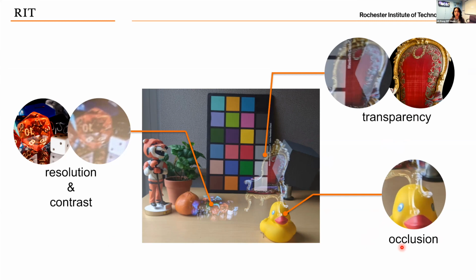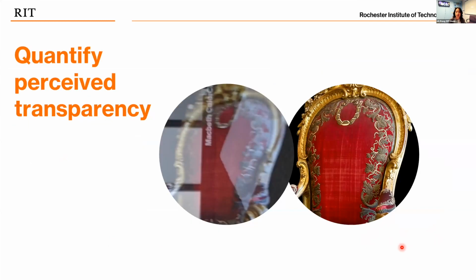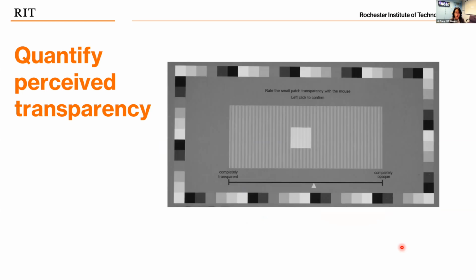So among all those problems, one research we focused on is the perceived transparency. This is a new appearance dimension that doesn't necessarily present in conventional display monitors. So we want to quantify this dimension through psychophysical experiments. First, we focused on monochromatic color transparency. In this experiment, the small patch in the middle is rendered from the AR device, and the sine wave background acts like the real world background behind it.